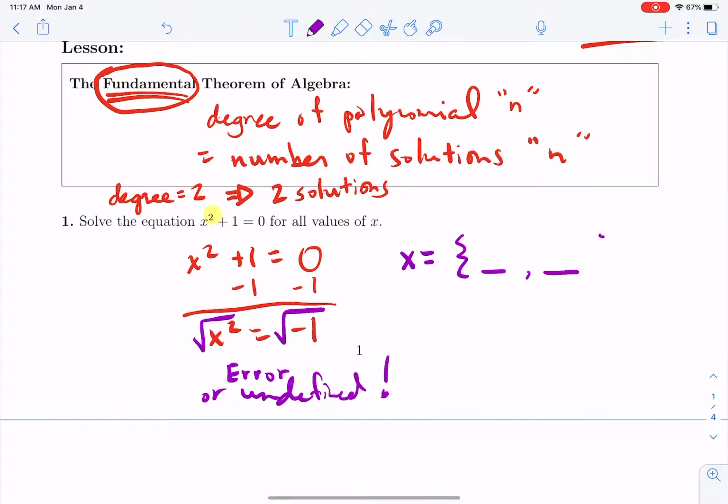We have to. So I'm going to say that the solution to this equation is i. And because we need two of them, I'm going to say that it's both positive i and negative i. These are my two solutions.